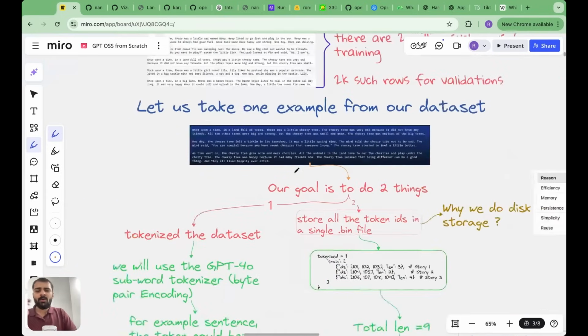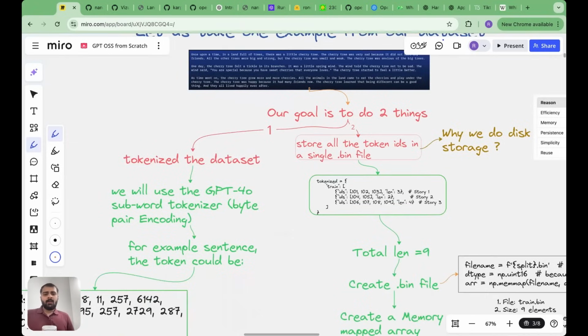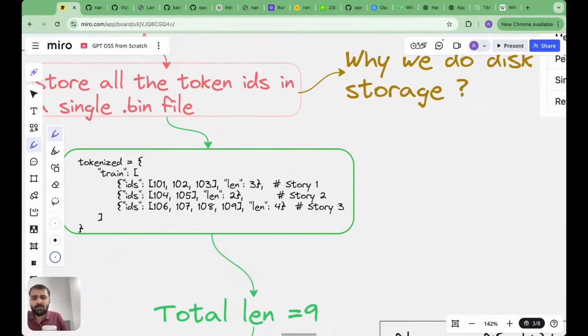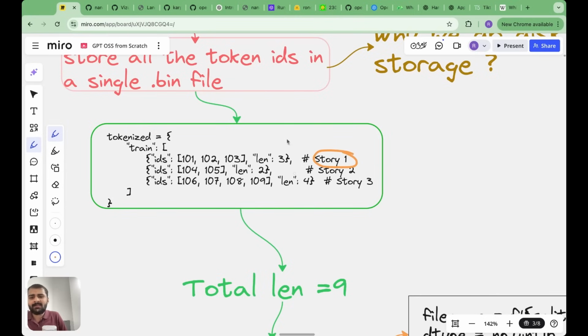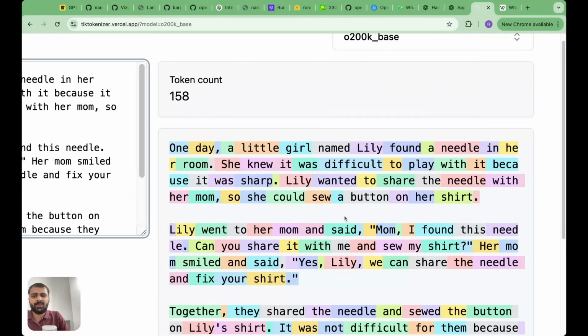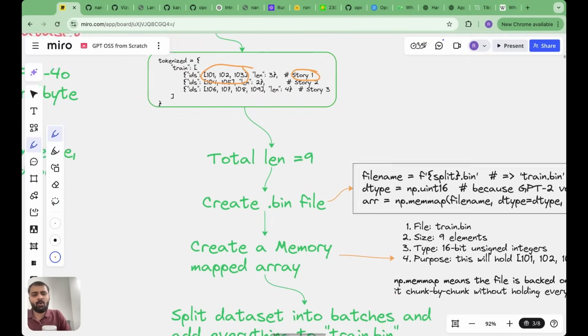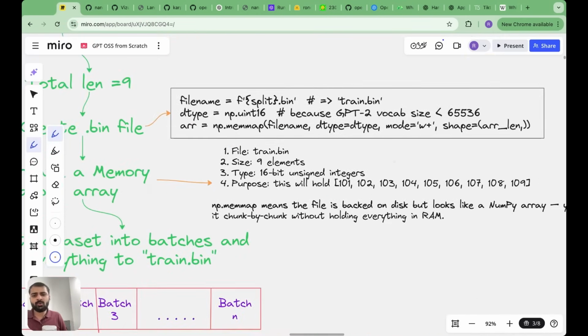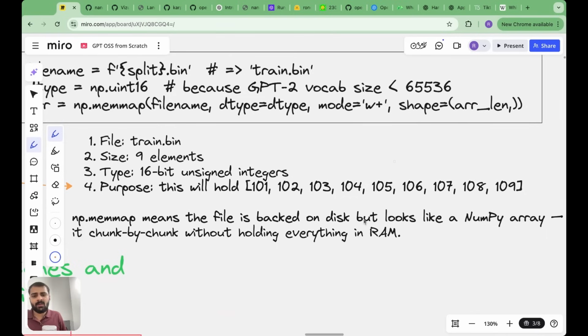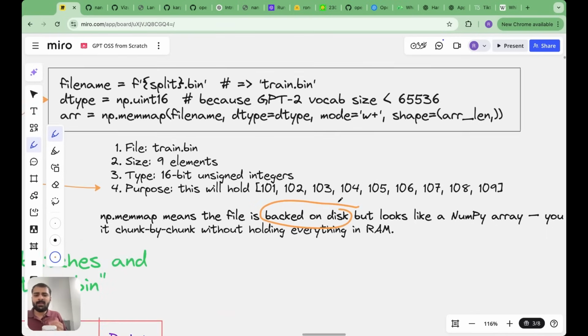In the code, we take each individual story and break it into token IDs like this. Then we store all of those token IDs on disk. We don't store them in RAM.